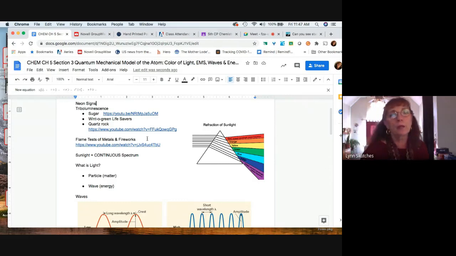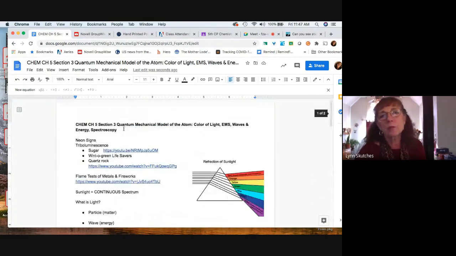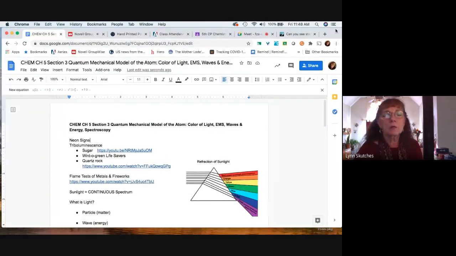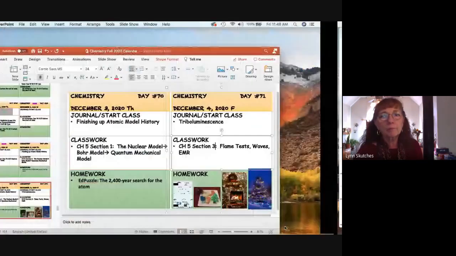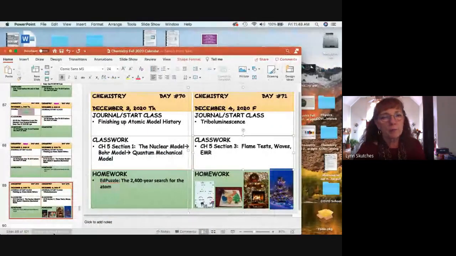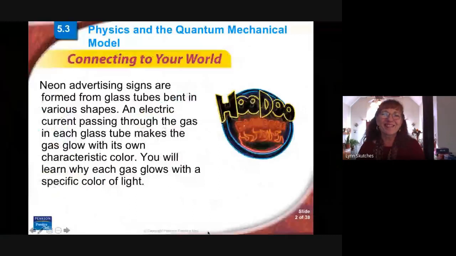So if you want to look at them more, you can. But our focus is going to be on light and color today. And again, you're probably better off taking notes on your own paper rather than trying to pull that document up and type as we go. That's my advice to you. You can do what you want, obviously.